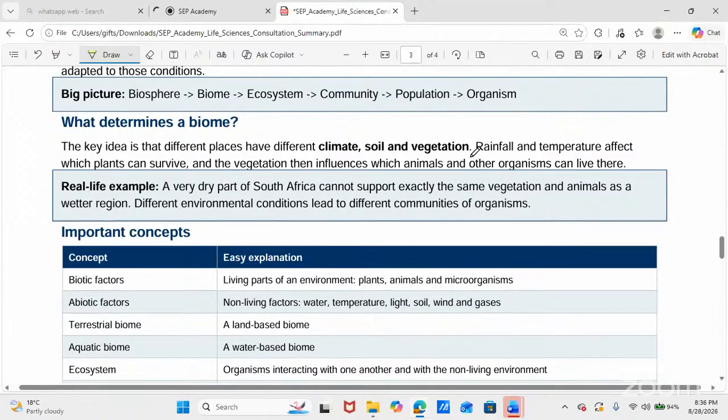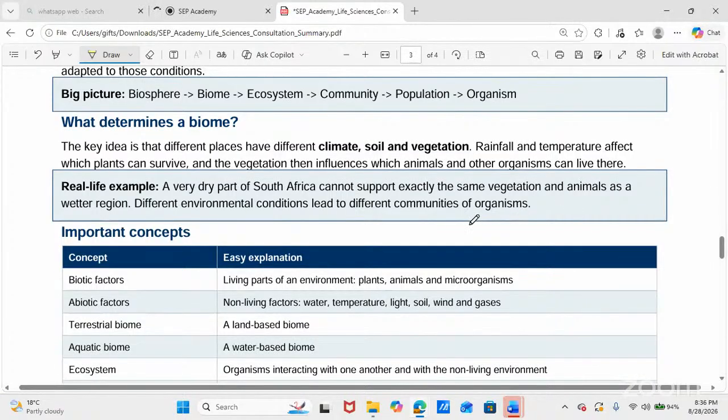And then in another place, it barely even rains. They experience drought mostly. And you will see that there are different animals living in those places that adapt to those certain conditions, the weather conditions and the vegetation. So rainfall and temperature affect which plants can survive, and the vegetation then influences which animals and other organisms can live there.